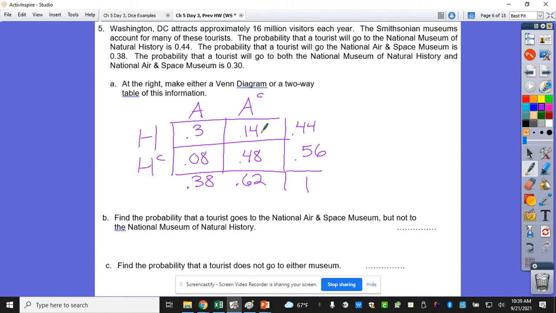Questions on that? So it would look basically similar. This is overlapping, where you can see where they overlap. This is in the box but not in the circles. But just make sure that you don't write 0.38 and 0.3, because if 0.08 is here, that only leaves 0.3 for that section.